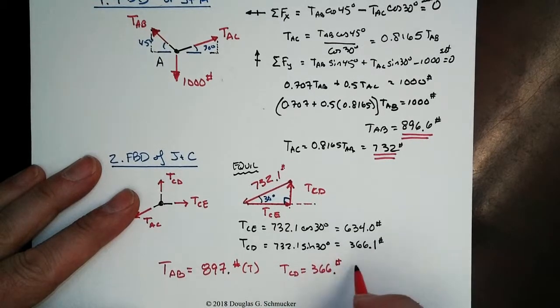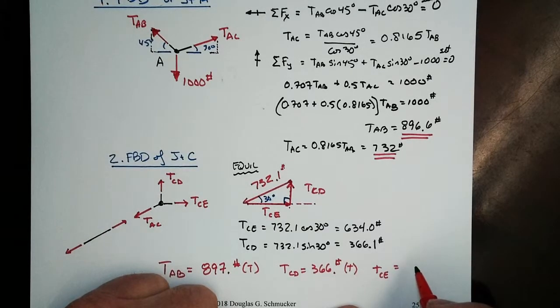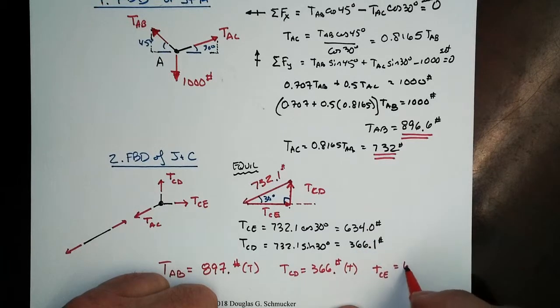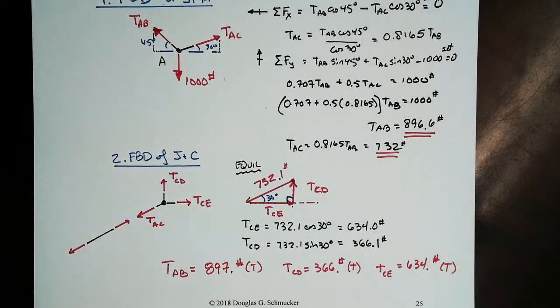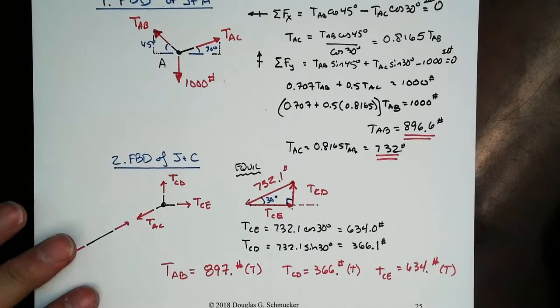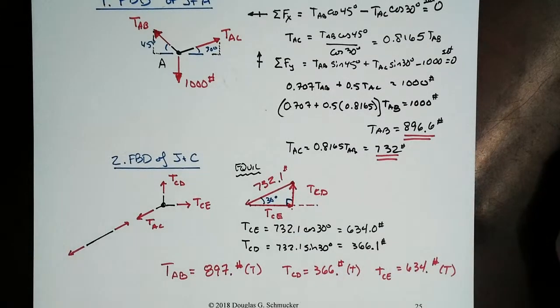Remember that last little decimal is to say that's not exact to 366. And then we've got the final one, TCE equals, did I get those backwards? No, I did. That's CD, CE is up above, 634 pounds in tension. Right? And those are your answers for this system of cables that support a bank of lights above a movie set.